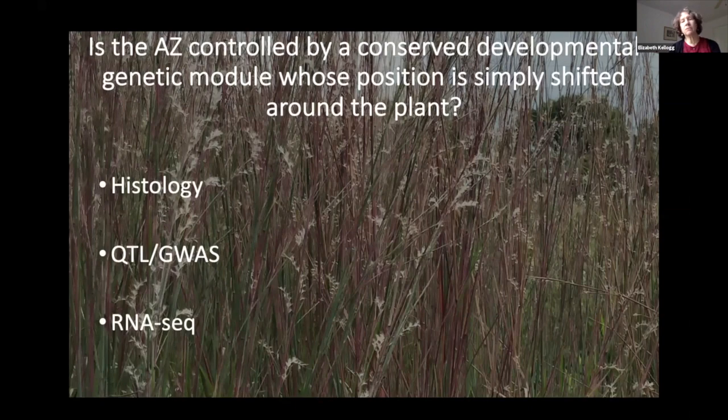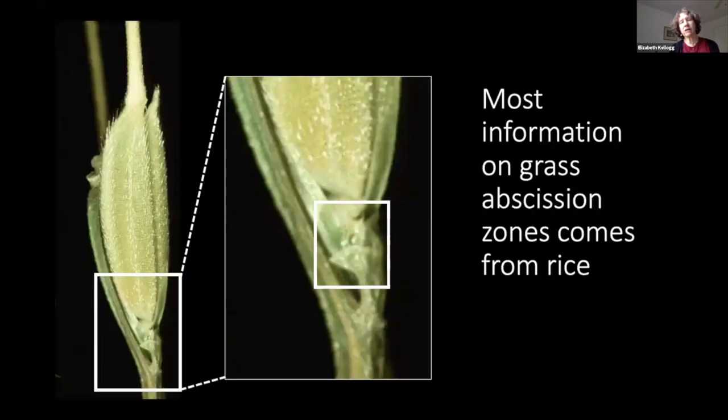There's been a lot of work on abscission, that is shattering, in rice, comparing cultivated rice with its wild shattering relatives. And certainly in Asia, the wild rice, which shatters, is a real problem in agriculture, because obviously then it's dropping seeds to produce weeds and get in the field and compete with the crop.